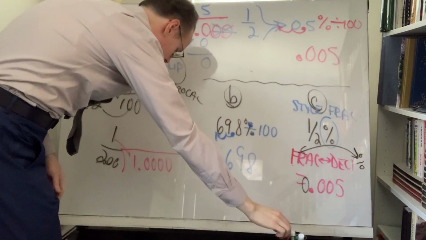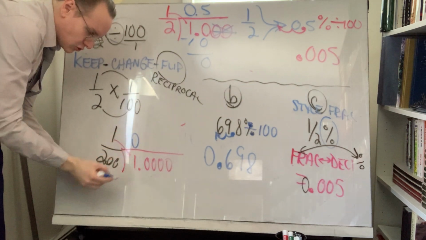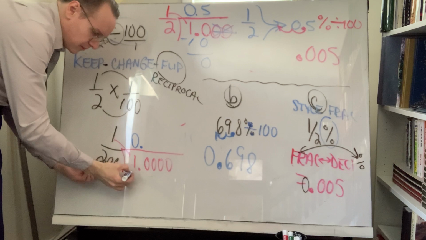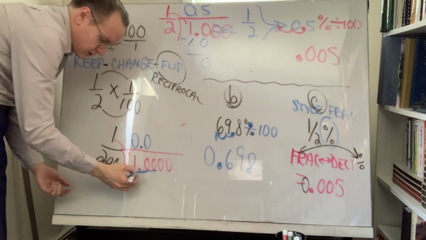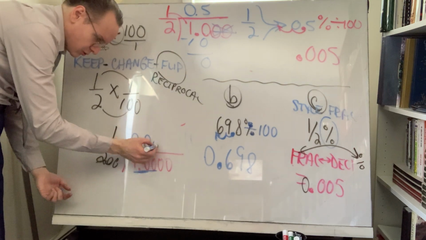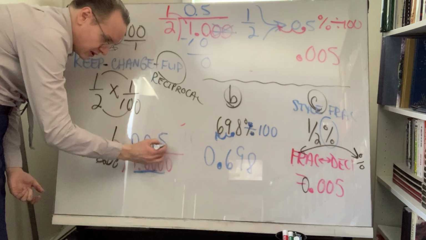And proceed. 200 doesn't fit into 1, it's too small, decimal point. 200 doesn't fit in 10, 0, too short. 200 doesn't even fit into 100, 0, too short. But 200 definitely fits into 1,000. How many times? 5.